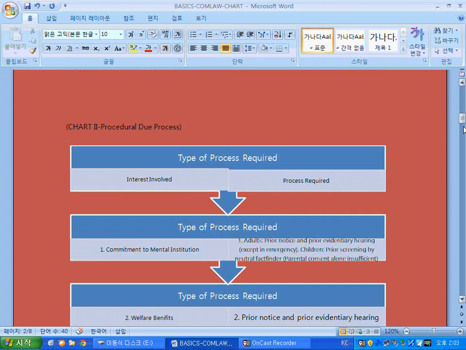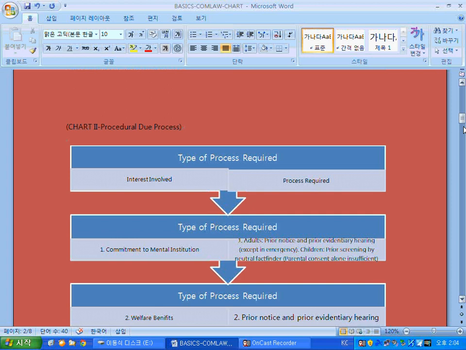If this scope of process is not offered, then the action about a commitment to a mental institution would be rendered unconstitutional. For the case of children, prior screening by a neutral fact finder would be necessary.